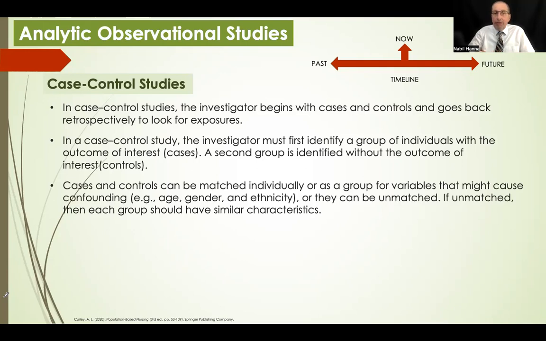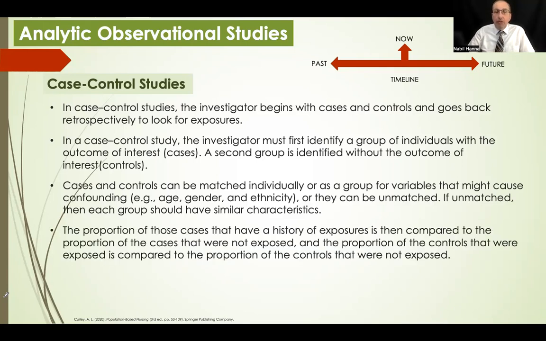Cases and controls can be matched individually or as a group for variables that might cause confounding, like matched for age, gender, and ethnicity, or they can be unmatched. So we have two types of case control studies, matched and unmatched.